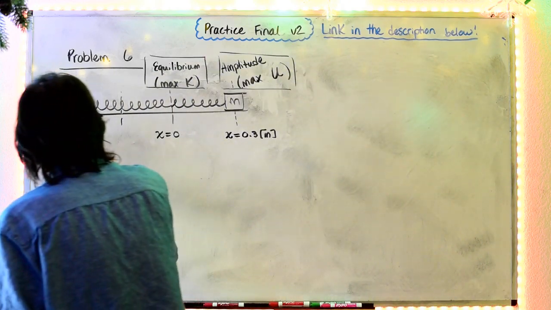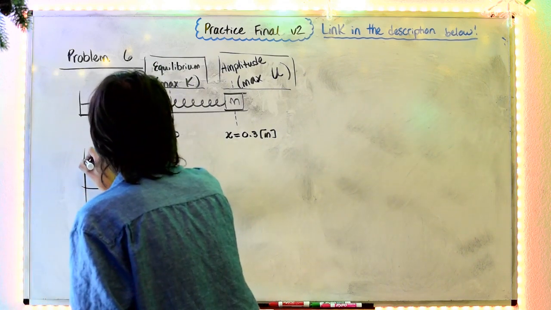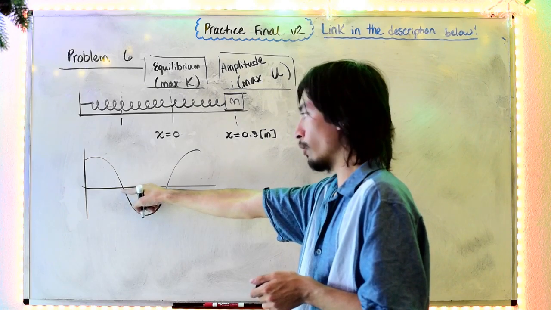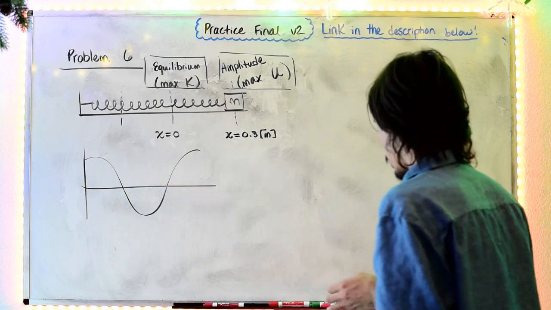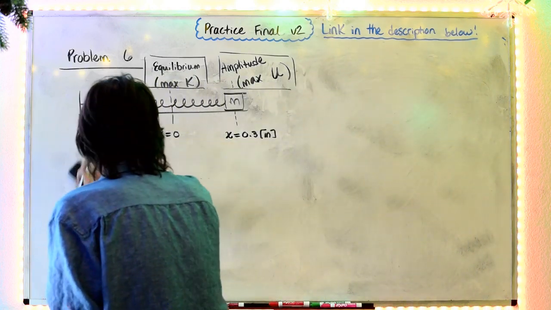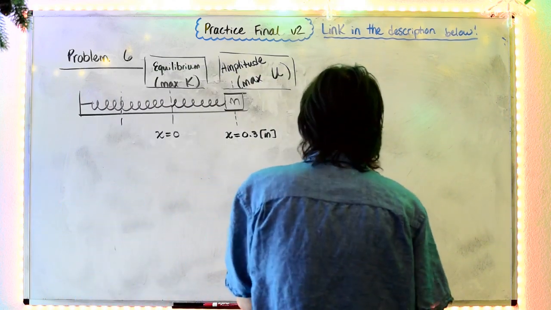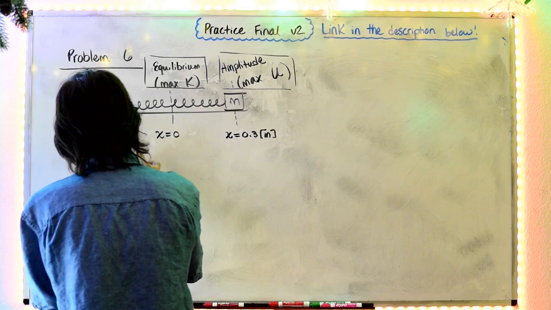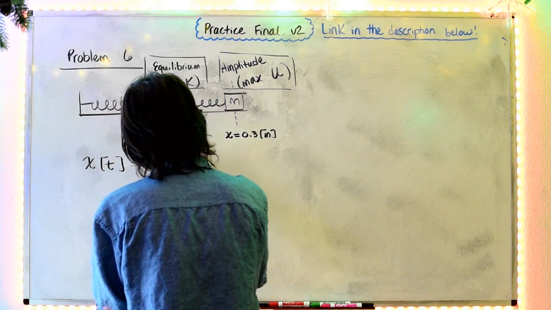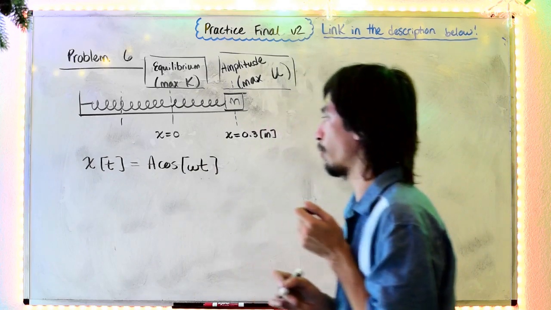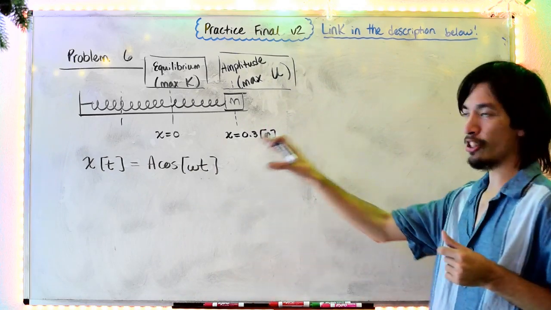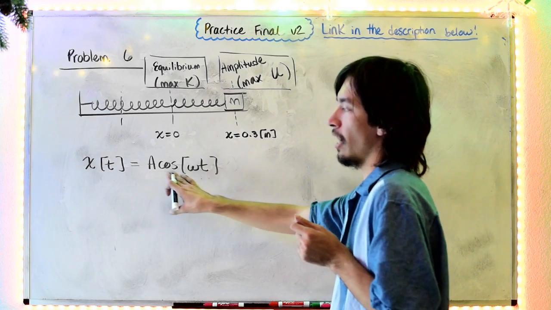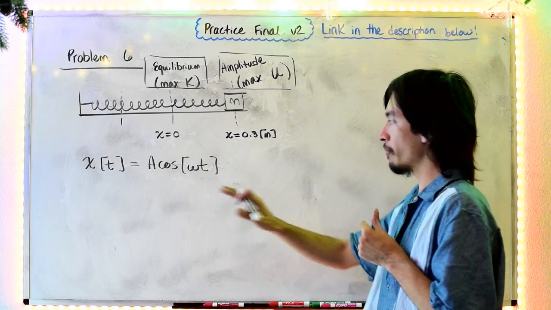And that, if you were to plot it on a graph just real quick, starts at a maximum, goes to 0. This is a cosine function. So I'm going to use a cosine function. And it takes this form. Is that the position versus time is some amplitude of the motion, and it oscillates with a cosine function.